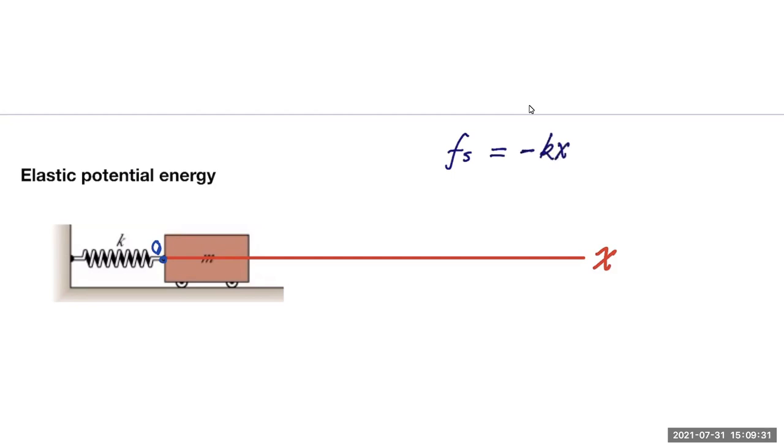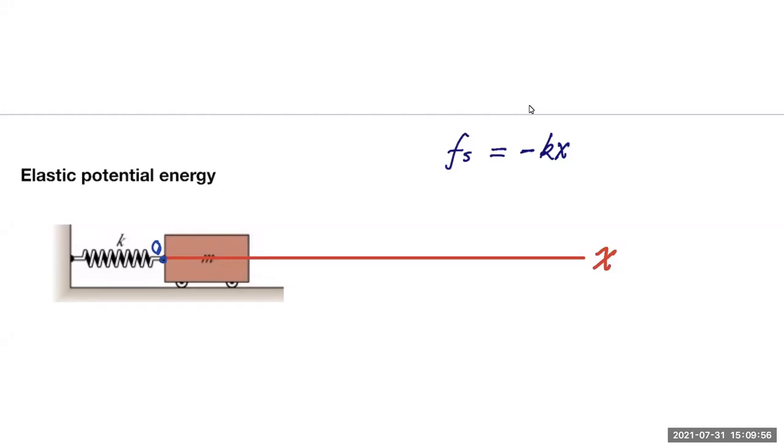This negative sign is important because it tells us the direction of the force is always against the deformation of the spring. If x is positive, that means the spring is getting stretched. Then F is negative, meaning F is opposite to the positive direction of x. So the force of the spring tries to pull the spring back to make it shorter, back towards the original length.